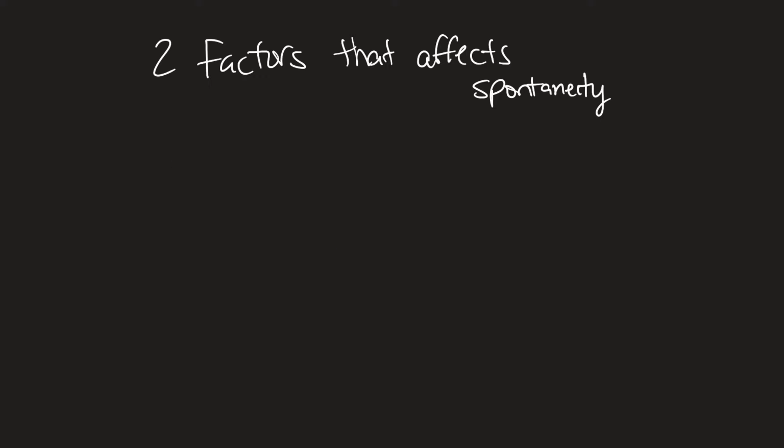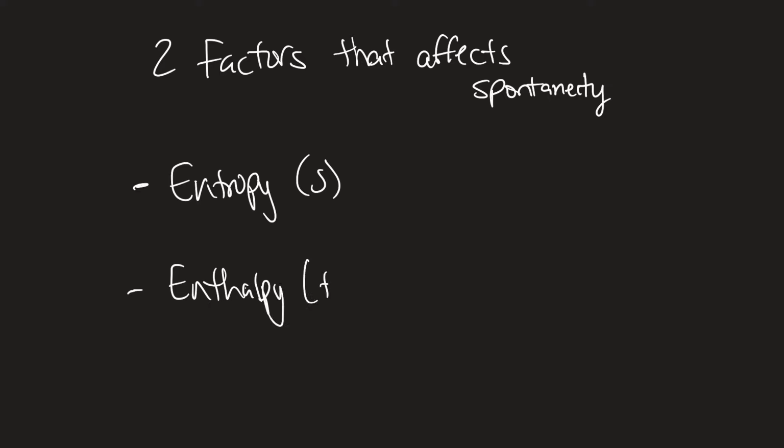Ultimately, there are 2 factors that affect whether a chemical or physical change is a spontaneous process. The first thing is entropy, which we talked about, S. The second thing is enthalpy, in other words H, or the amount of heat of the process.